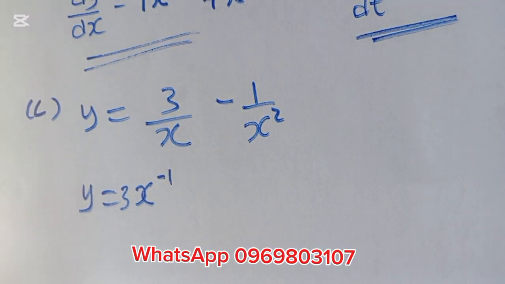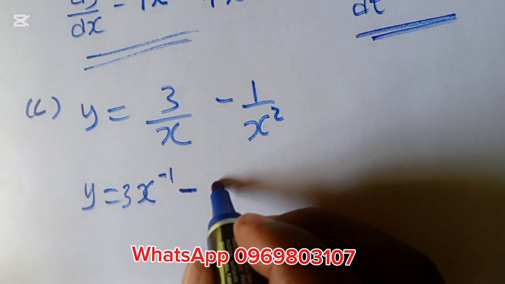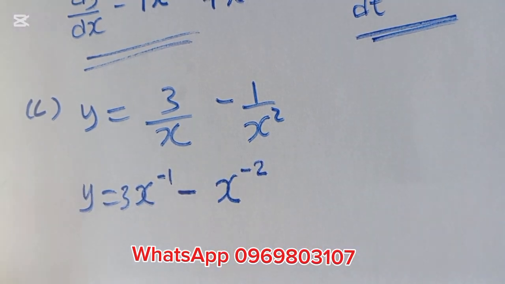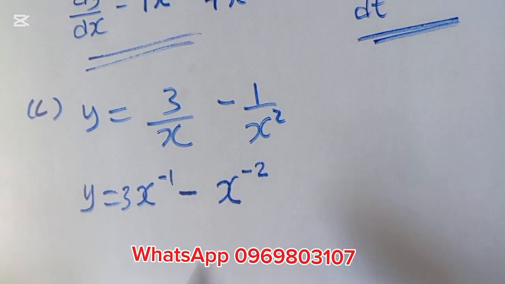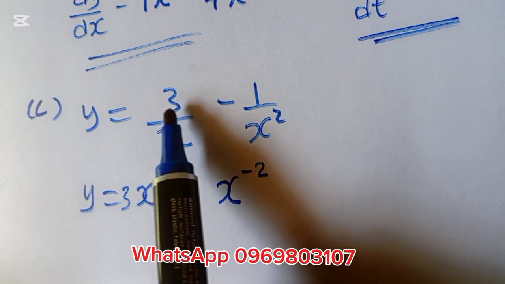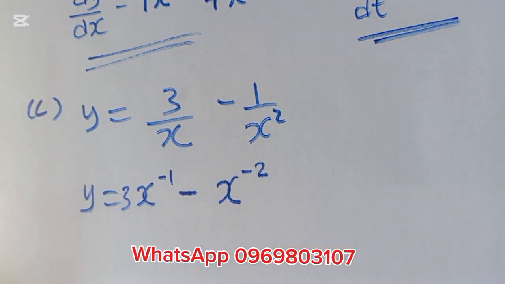So 3x to the power negative 1 minus 1 over x to the power 2, it means x to the power negative 2. That's what it means. So remember the first examples. So 1 over x to the power 2, it means x to the power negative 2. So this one, it is the negative. Okay, so here it means 3 times 1 over x, and this x to the power 1.